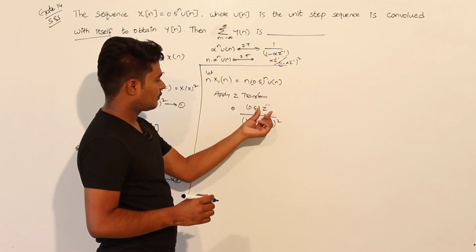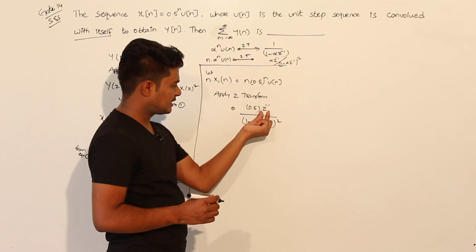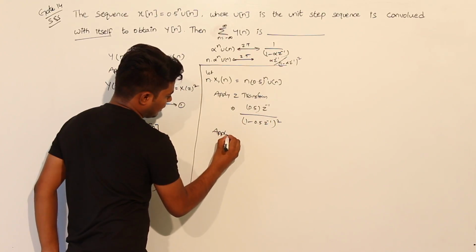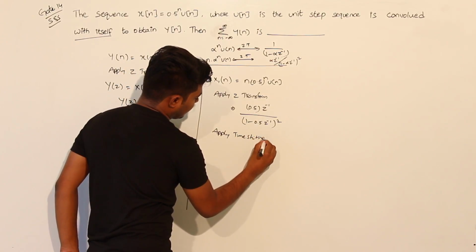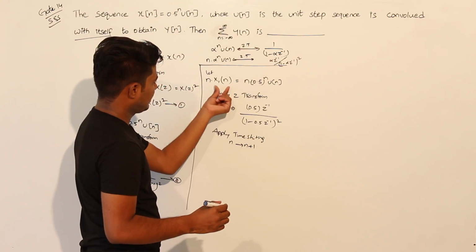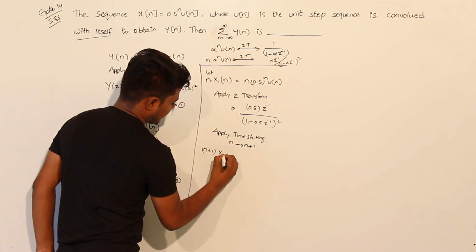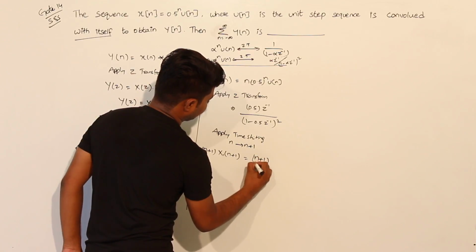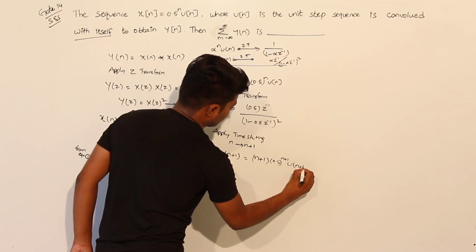But to find y of n, you should not have any term of z. Here we have z inverse in the numerator. To eliminate this, apply the time shifting property, meaning in place of n, you put n plus 1. So x1 of n plus 1 is equal to (n plus 1) 0.5 power n plus 1 u of n plus 1.